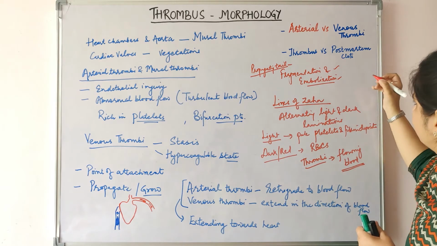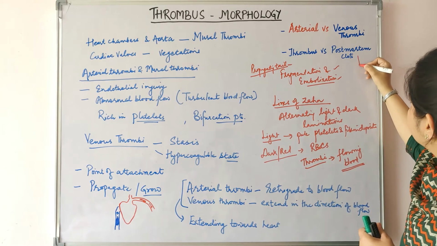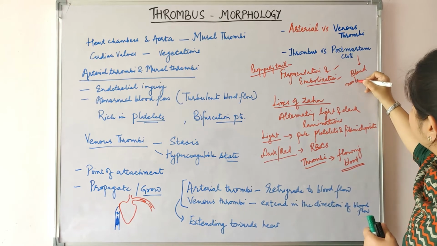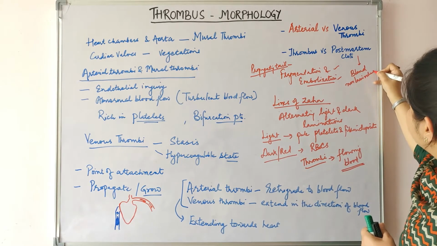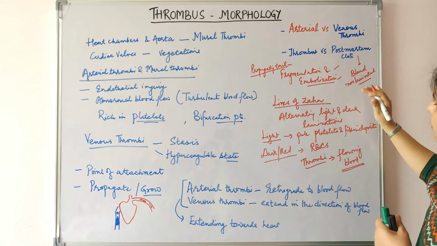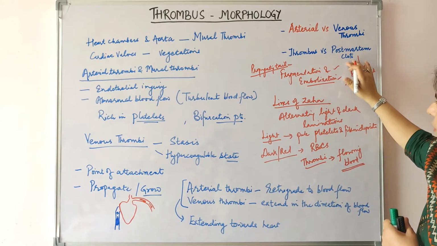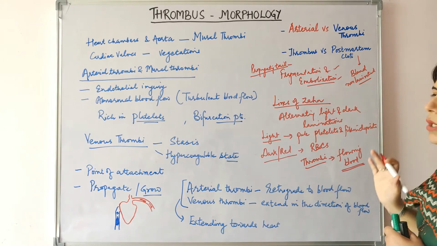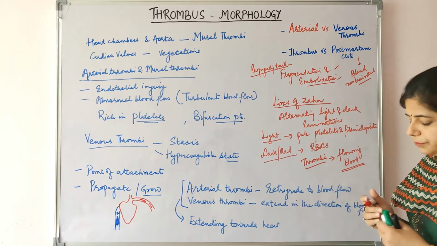The post-mortem clots are bland, non-laminated. So this is an important differentiating feature between thrombus and post-mortem clots. Lines of Zahn are present in thrombus, whereas they are absent in post-mortem clots.